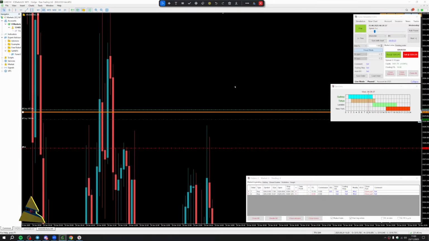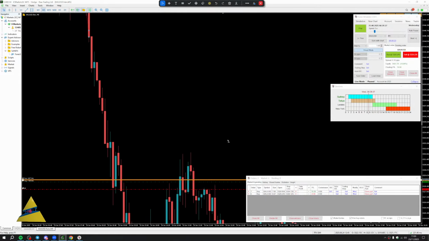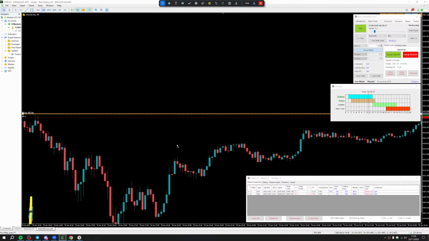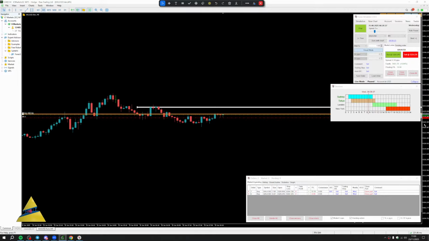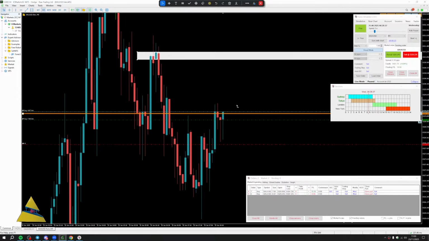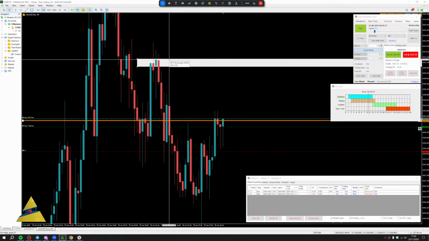Let's see on the 5-minute how this looks. Is it really that zone? Where is that zone? Oh, here it is. Yeah, so we got some clean range up towards that 15-minute resistance over here.